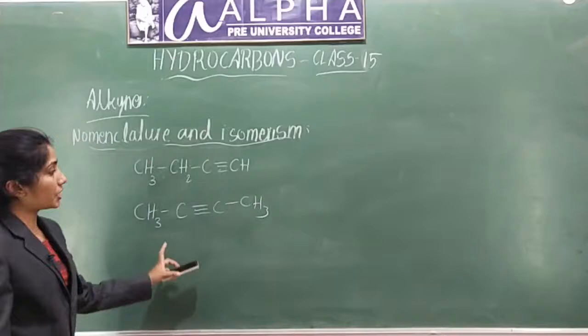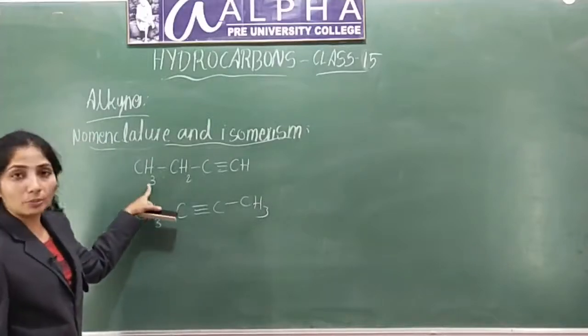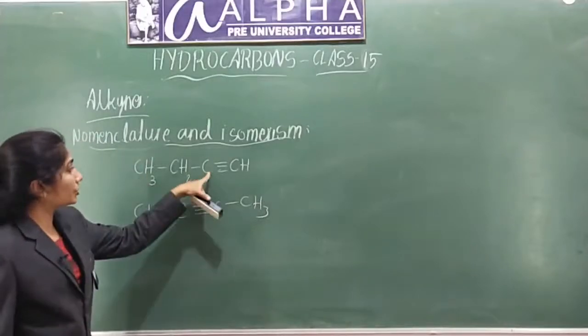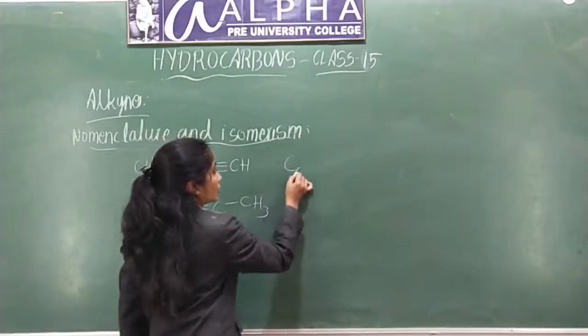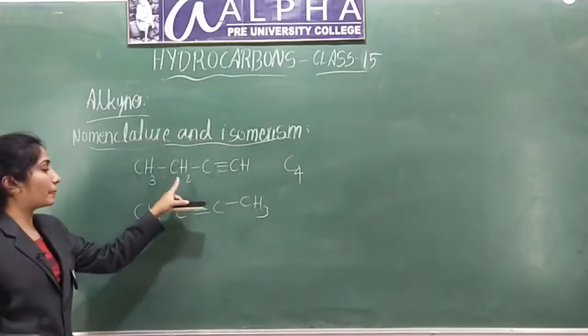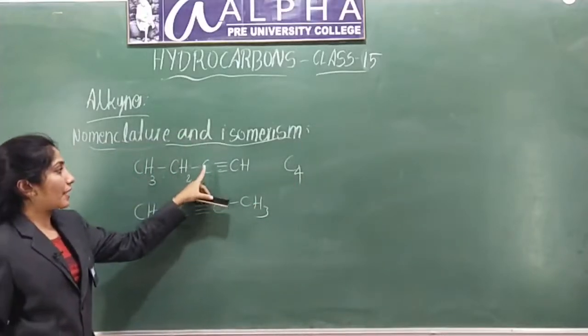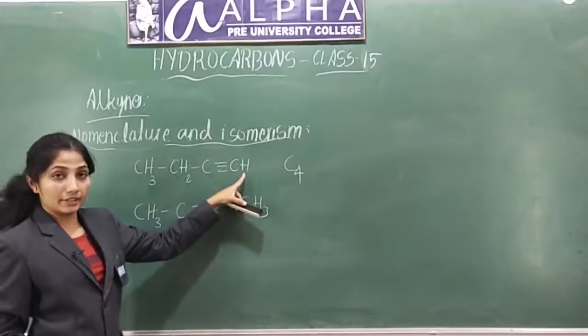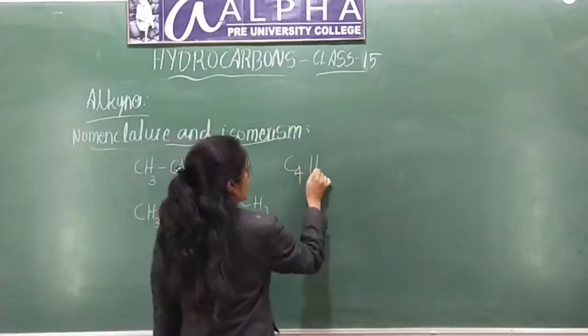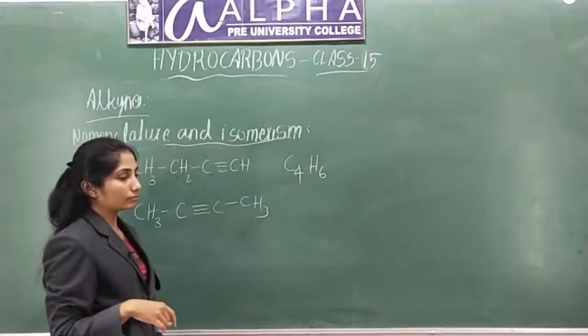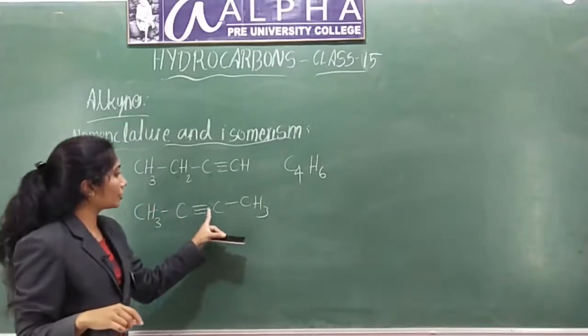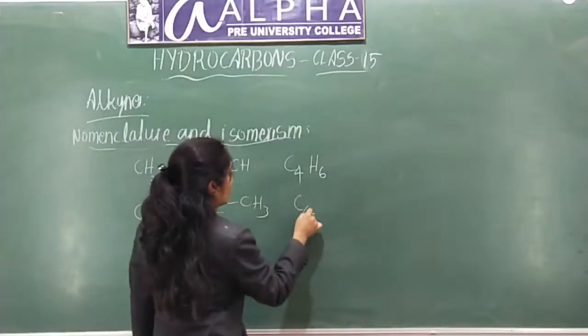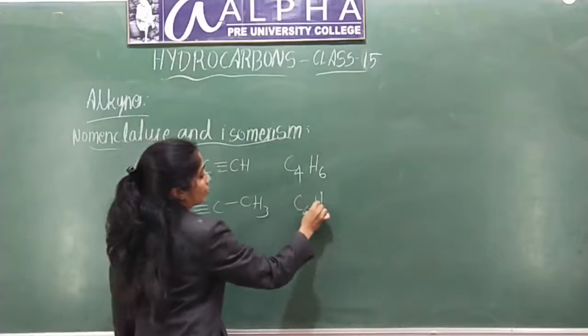Okay, so see here, what is the molecular formula of this? 1, 2, 3, 4, 4 carbon atoms, C4, hydrogen 3 plus 2 is 5, 5 plus 1 is 6, H6. For this one, 1, 2, 3, 4, 4 carbon atoms, 3 plus 3 is 6 hydrogen.